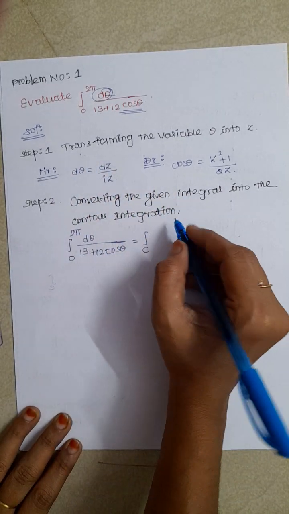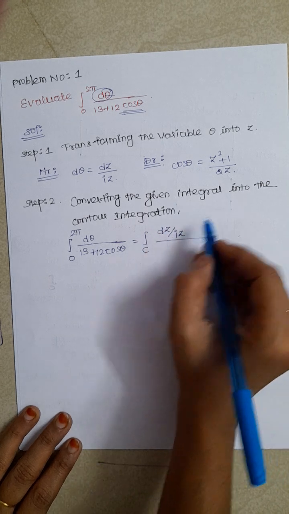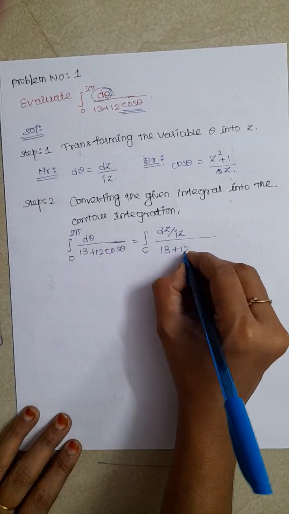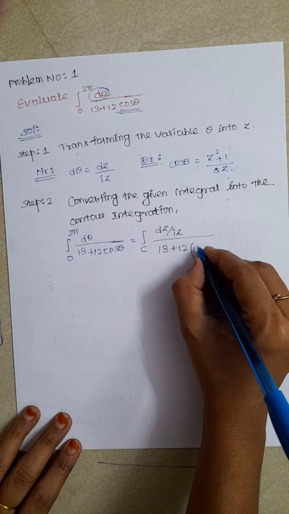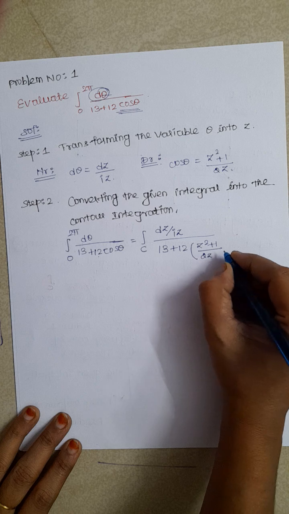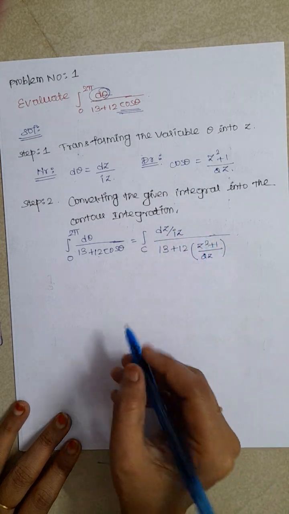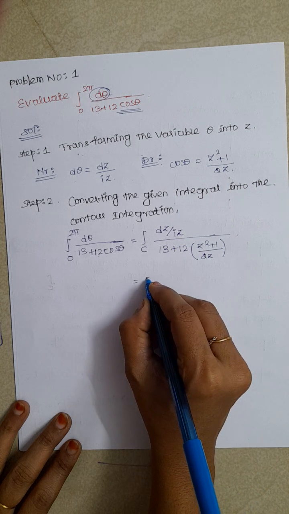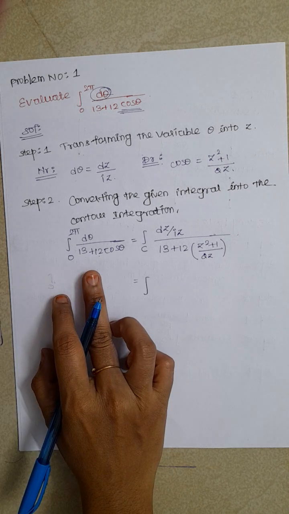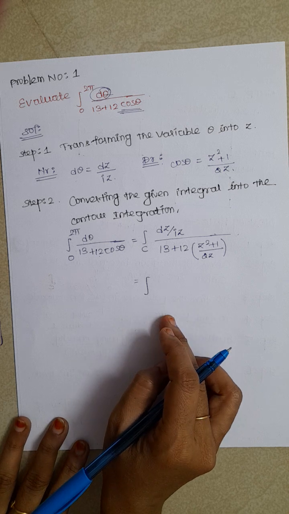So d theta is equal to dz divided by iz, divided by 13 plus 12 cos theta, where cos theta is equal to z square plus 1 divided by 2z. You can simplify this term. So step number 1 is over. Step number 2, the contour integration is converted into the value and simplified.